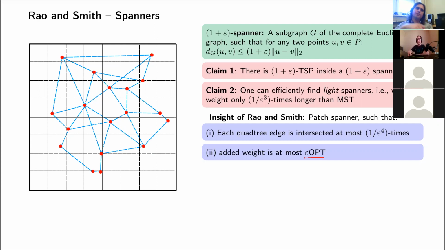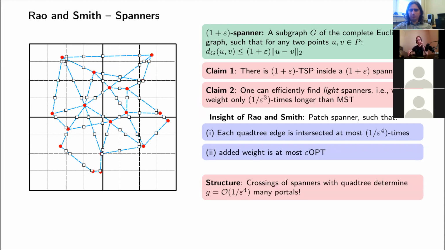So now comes the super nice idea of Rao and Smith, and it's basically to say that if you combine this plane one and this new insight, then you can basically direct where the portals are. And if you put these portals at the crossings of spanner and quad tree edges, you will have only 1 over epsilon to the 4 portals.